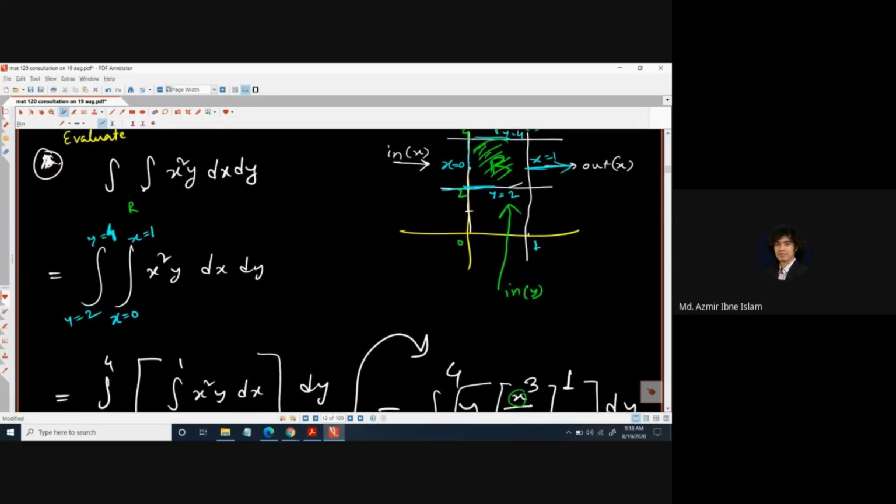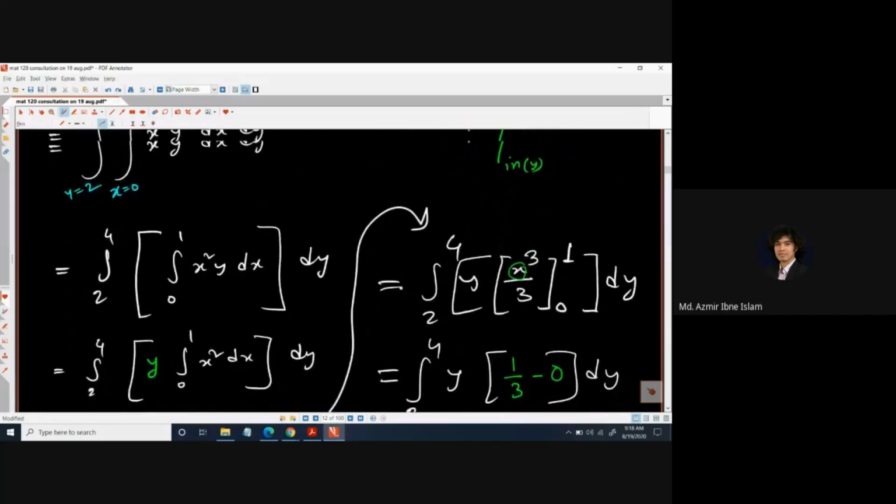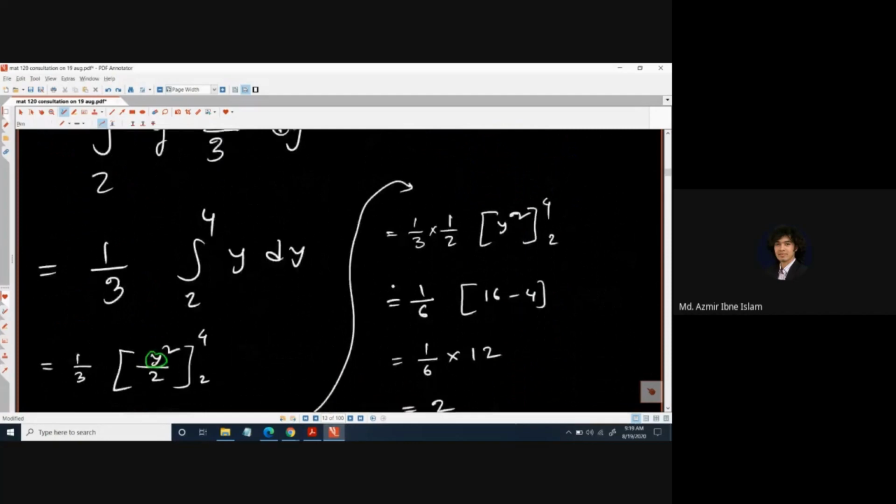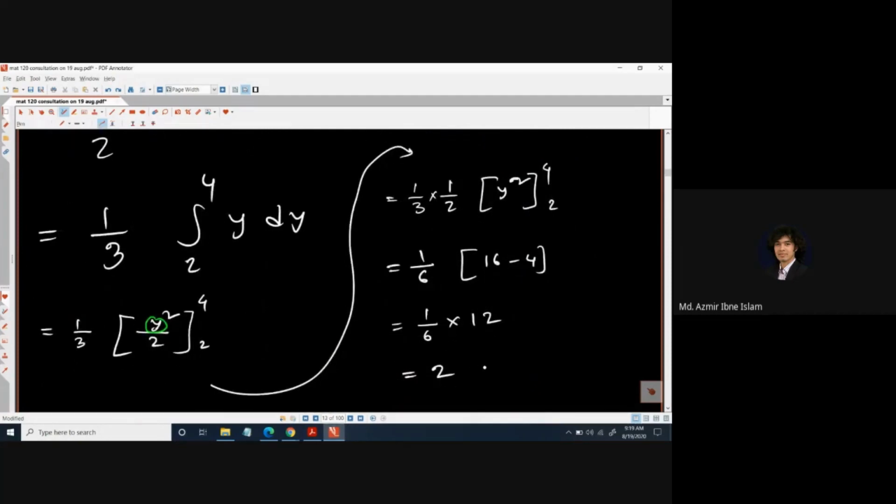Now let's try to understand what the problem says. If it is a real life phenomenon, then x times y times z will become volume. So the result that we have found is actually unit cube.